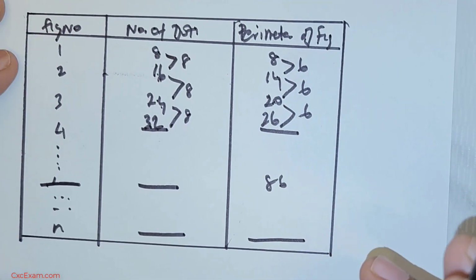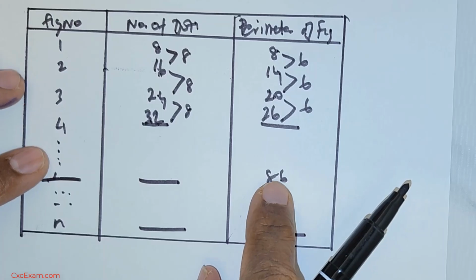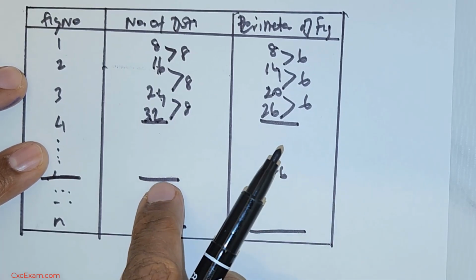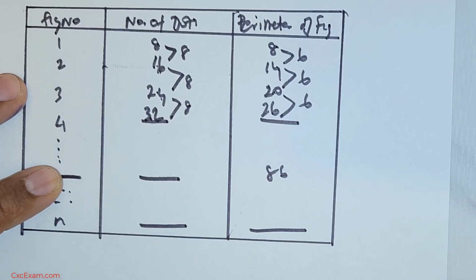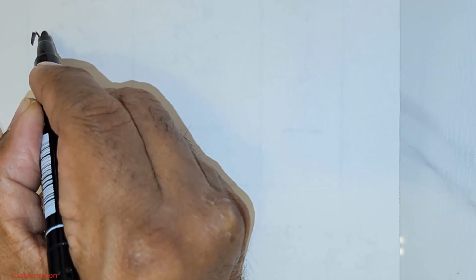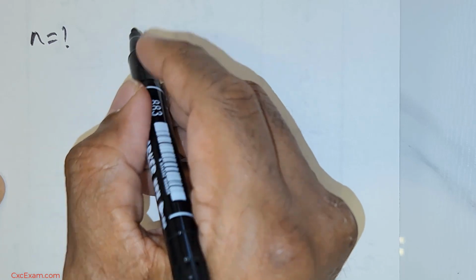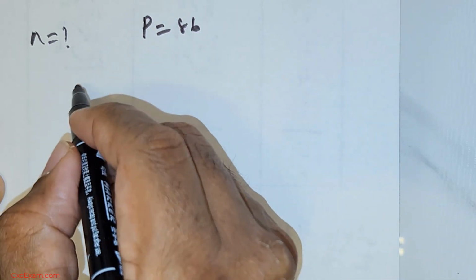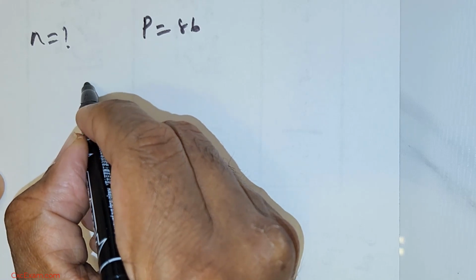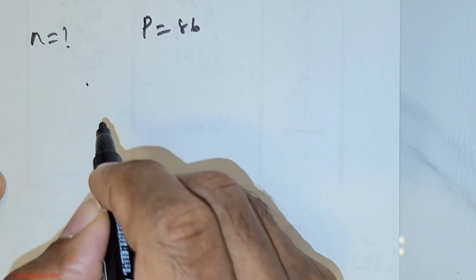So that's simple, right? But we will have to get the corresponding element over here and the corresponding element over here. You get the value of n when the perimeter is 86. So we will be utilizing this formula. Okay.